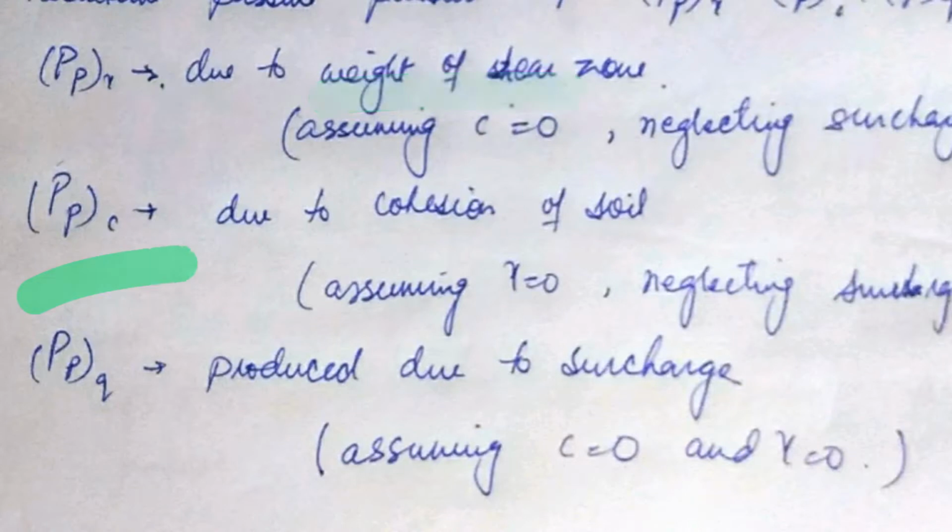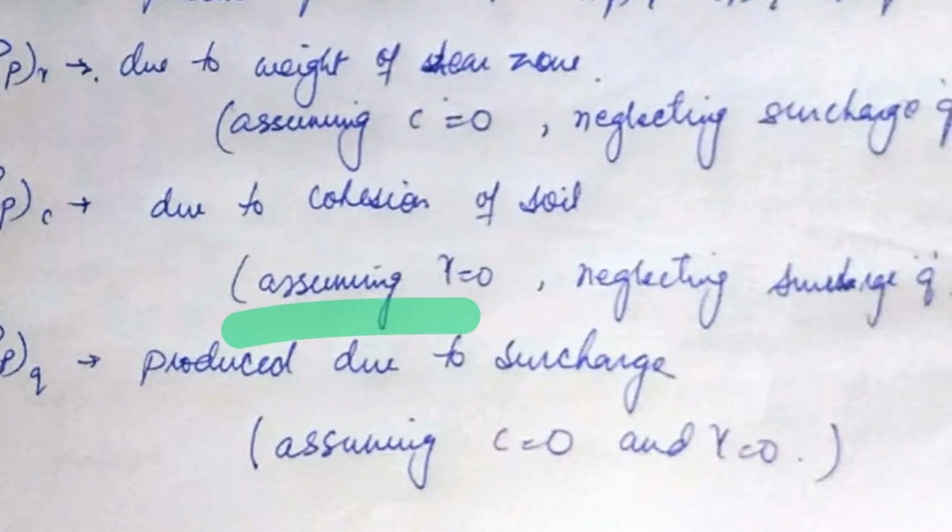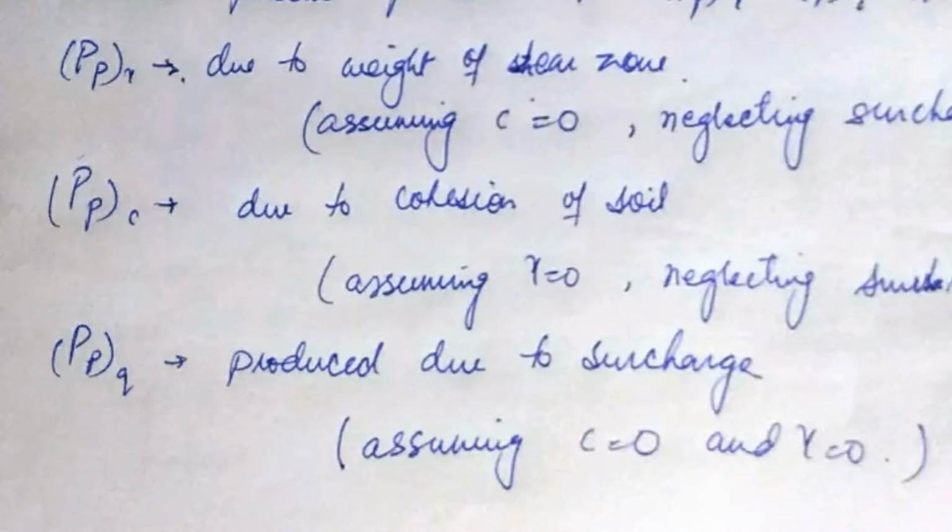Then PPC is due to cohesion of soil, assuming gamma to be equal to 0 and neglecting the surcharge Q. In similar fashion, PPQ, the pressure produced due to the surcharge, is found out assuming C to be equal to 0 and gamma equal to 0.